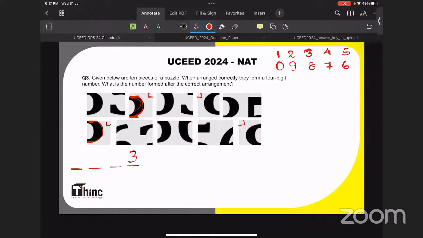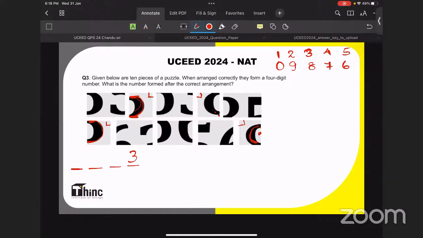Now move on to spotting other digits in between. What we assume to be the first, this could be the first piece, and one more was here. You could find here that these pieces move when they are combined.